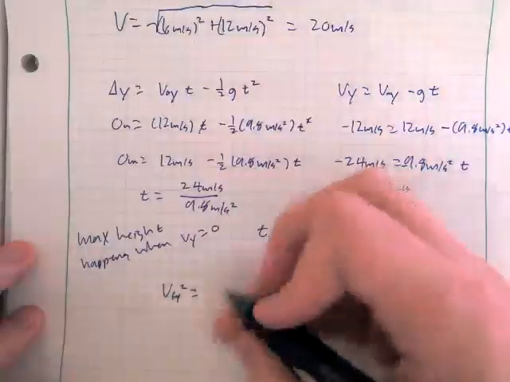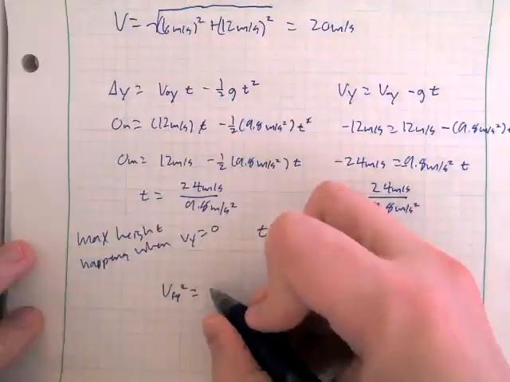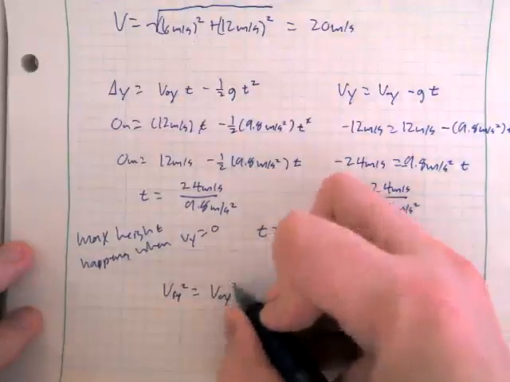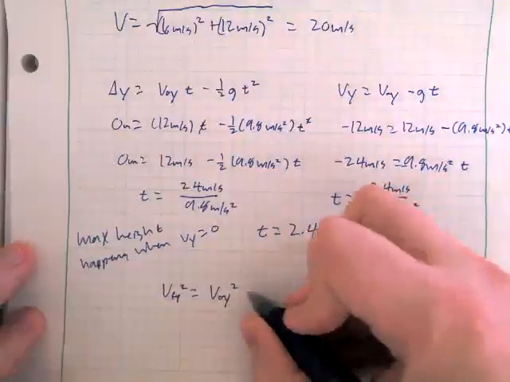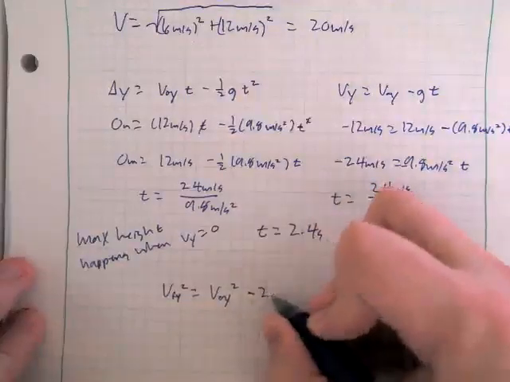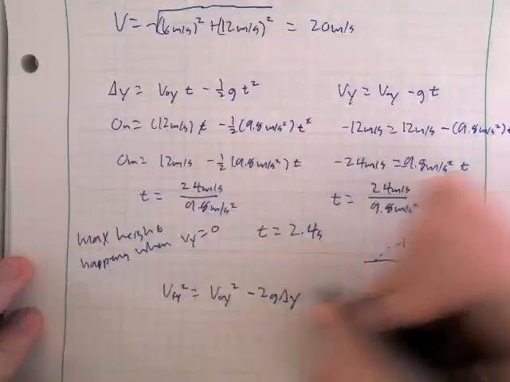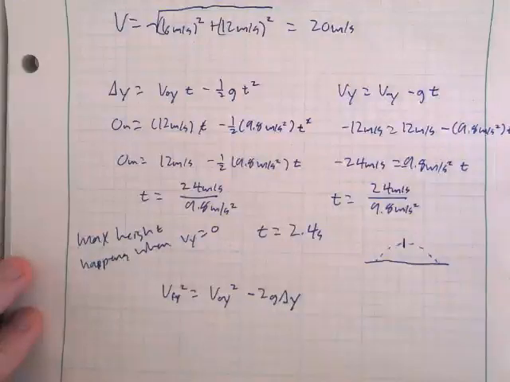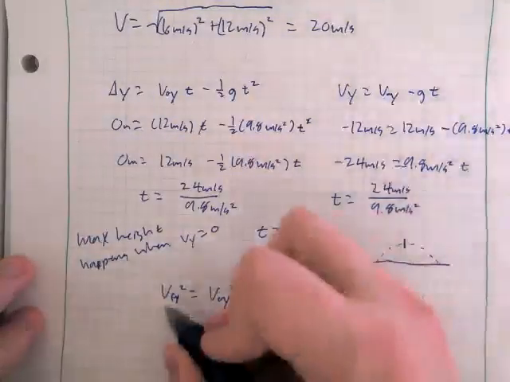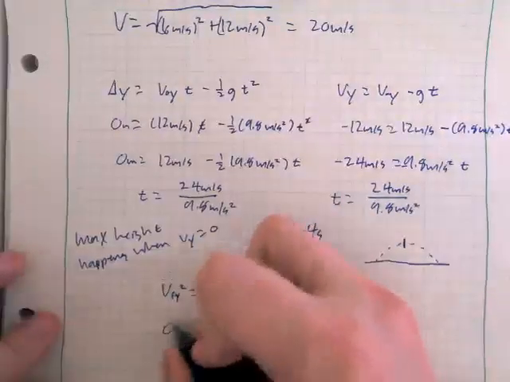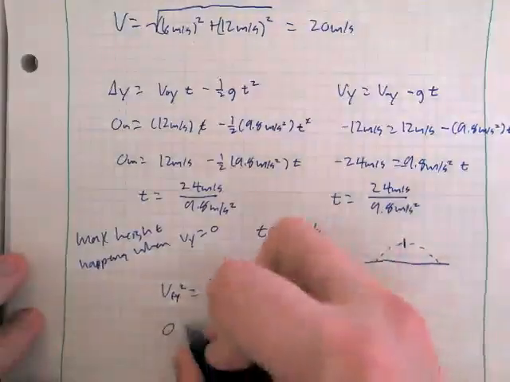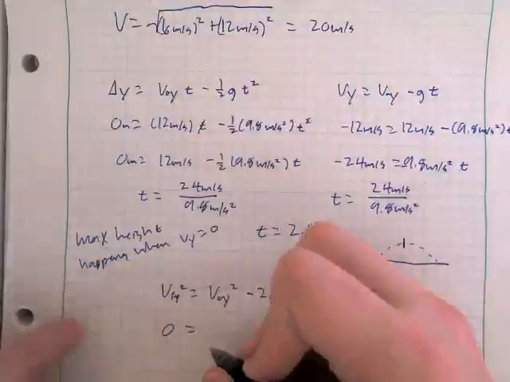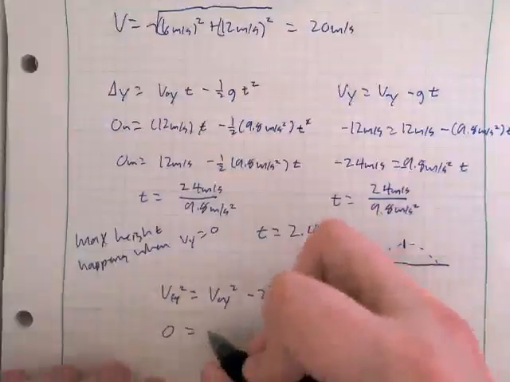Velocity in the y direction squared equals initial velocity in the y direction squared, in this case, minus 2g delta y, right? So I'm still defining down as negative this time instead of positive. So what is our final velocity? Now we want to set the condition to be our final velocity of 0, right? And then that will correspond to when we are at our highest point.